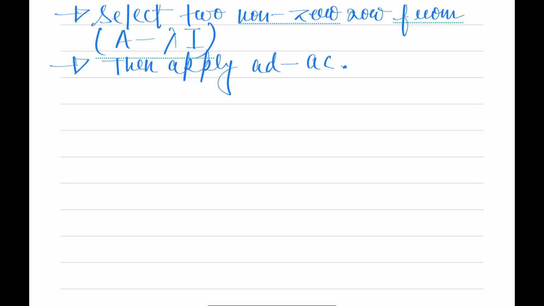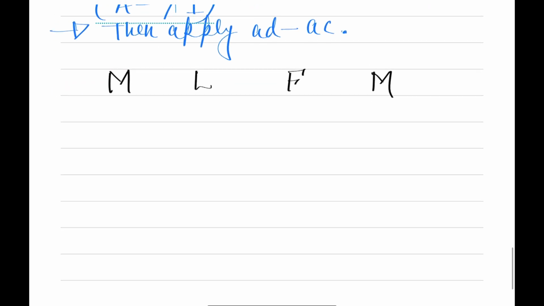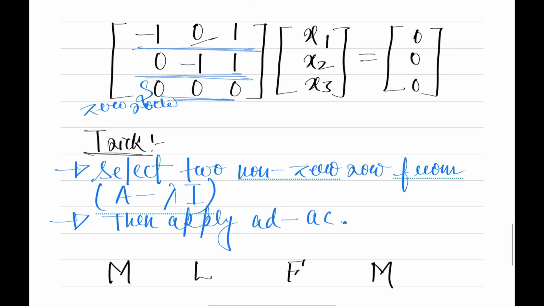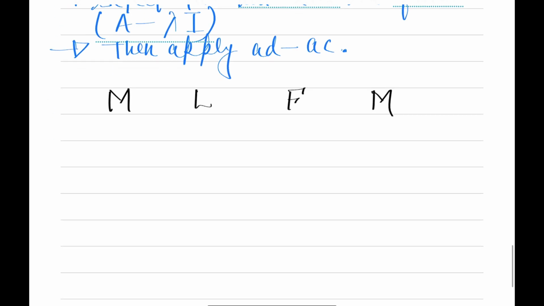Now we will use this as middle, this as last, this as first, and this again as middle. We will write the middle elements, which are 0 and minus 1.